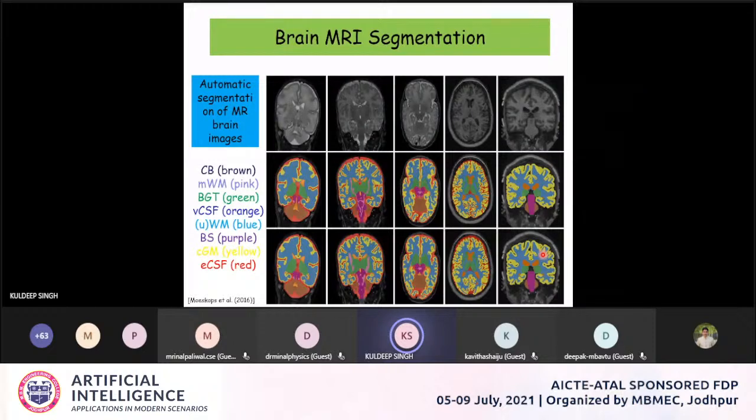In the case of the brain, it contains different types of fluids, and based on the density of these fluids, different diseases are diagnosed. Based on the structure of your brain, different diseases are diagnosed, whether it is Parkinson's or Alzheimer's. So AI based models or deep learning based models help in automatic segmentation of MRI images.